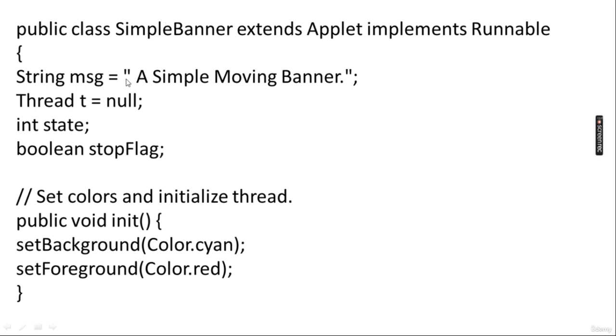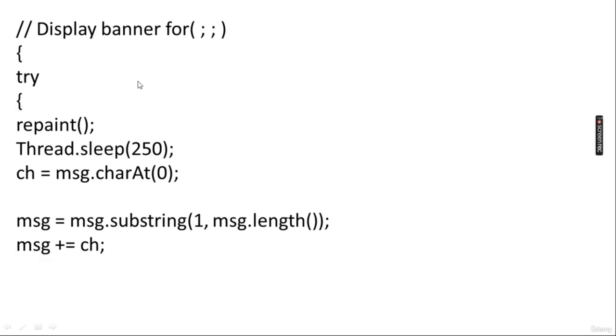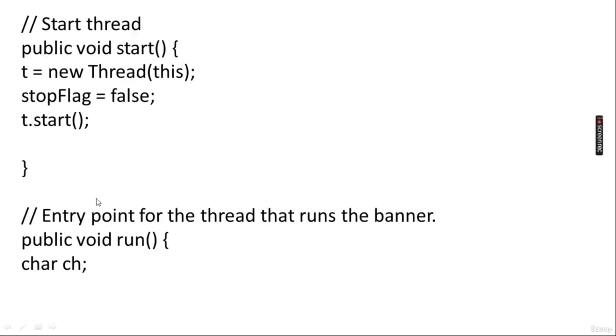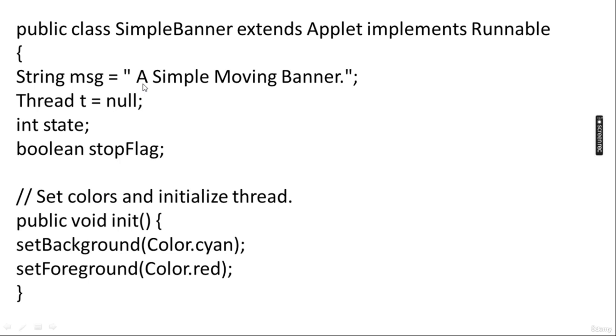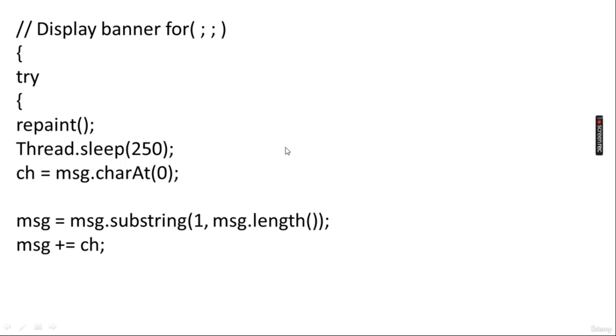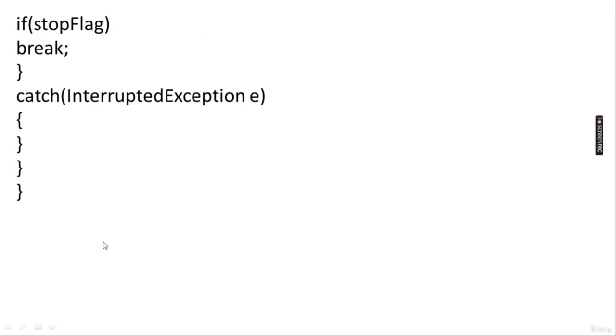Character at 0 is a space, then message.substring(1, message.length). So the actual message is starting with A, to the length. A simple moving banner. So this is my actual message and it will be appended like this, so every character will be displayed like a simple moving banner in a moving state.